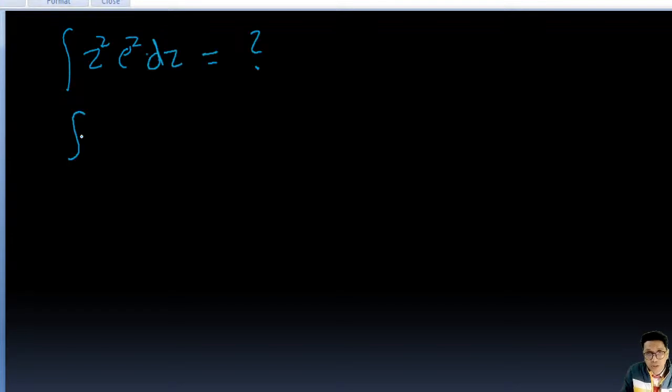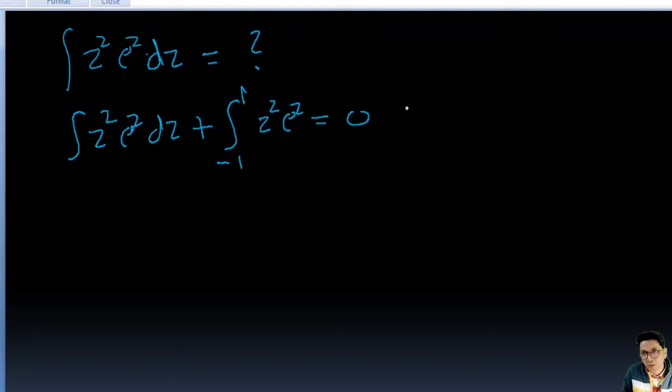This is contour z square e to the power z dz plus integration -1 to 1 z square e to the power z, that is going to be 0. This we have done by the Cauchy integral theorem.